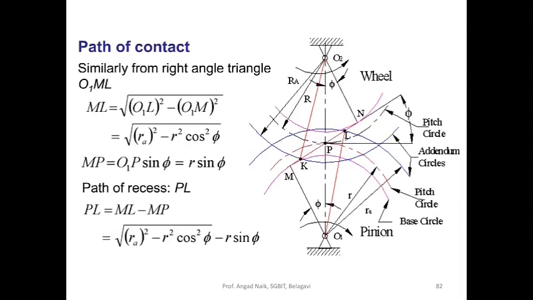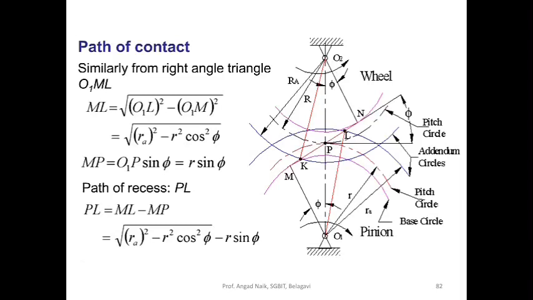Similarly, from right angle triangle O1ML, ML is equal to square root of O1L square minus O1M square by Pythagoras theorem. O1L is nothing but radius of addendum circle of pinion. So O1L square can be written as ra square.